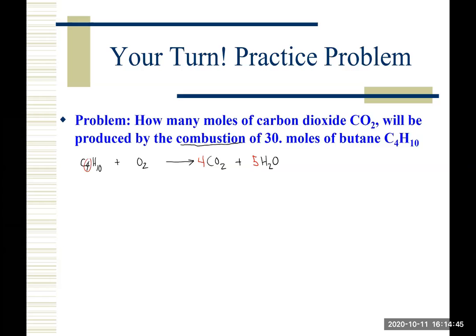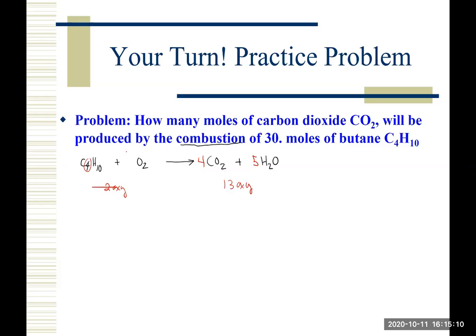And this looks just like the same combustion reaction that we resolved a couple of slides back. We have 8 plus 5 gives us 13 oxygens on the product side, but we only have 2 oxygens over here on the reactant side. And 2 is not a common factor of 13.